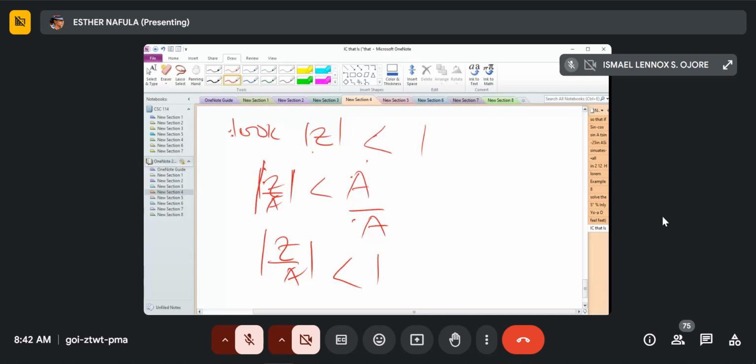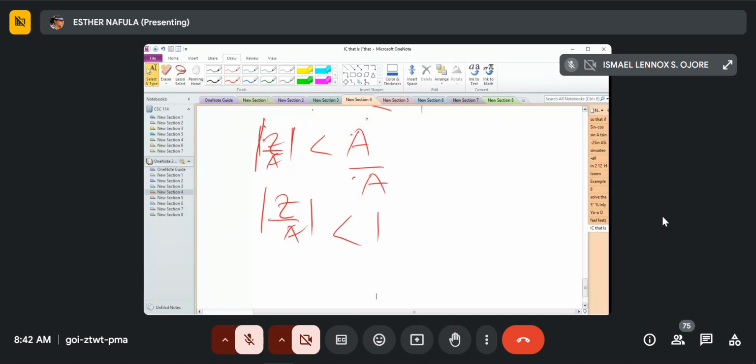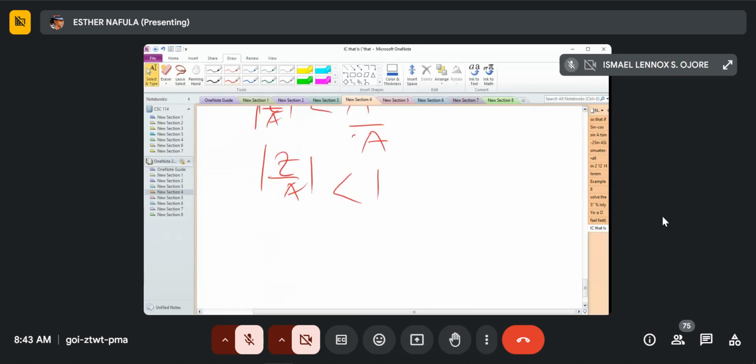So once you have this, then you can now go back to your function. But now in this case, you'll be doing algebraic manipulations such that you arrive at either 1 minus z or 1 plus z, with an extra requirement that you should have a z over a appearing.